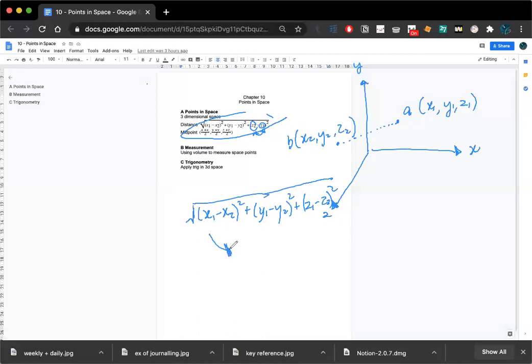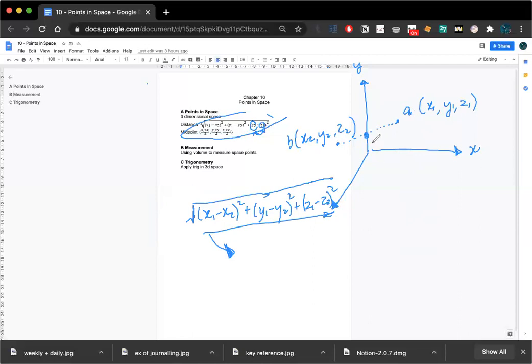I don't really have a possible explanation of why this is the case, but let's just think of it as a wider version of the Pythagorean theorem in some way. So you have the distance, and then you also have the midpoint.